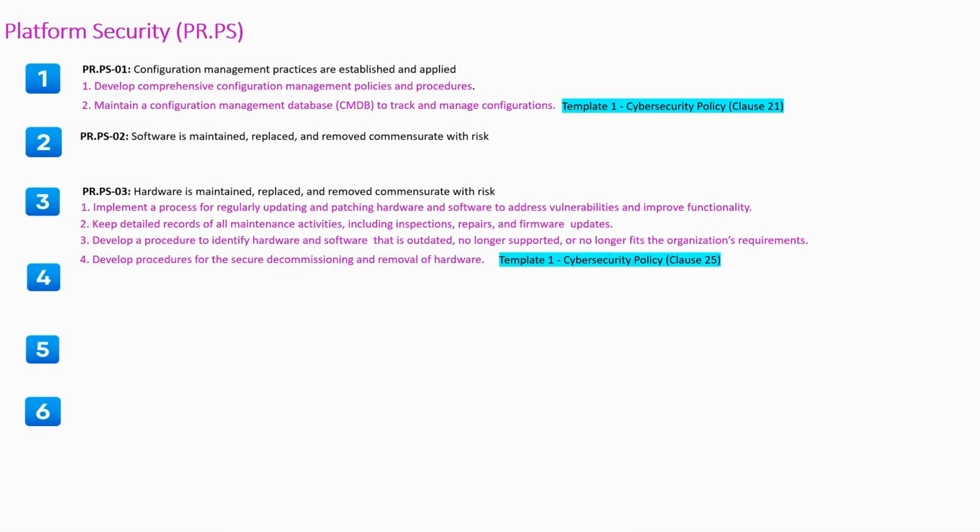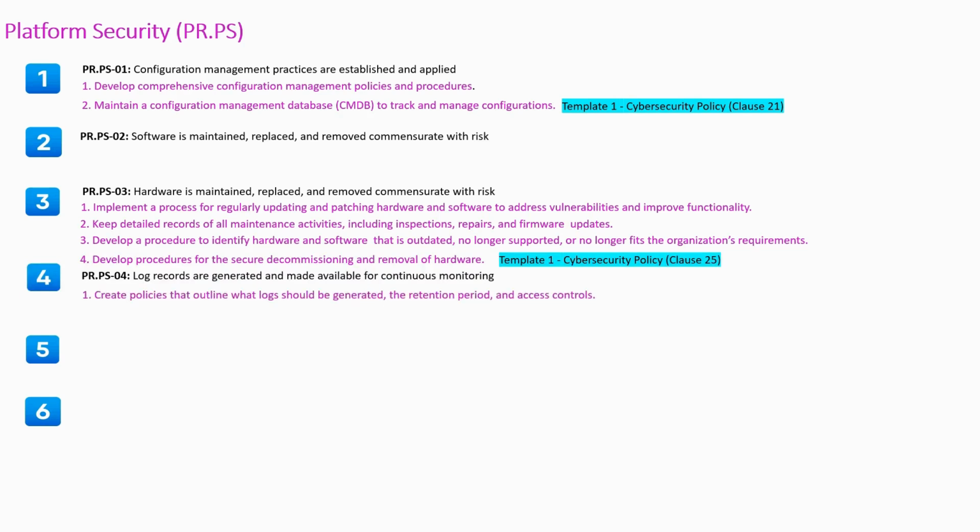Fourth subcategory is about log management. What you need to do, very first step, is to create a policy that outlines which type of logs should be generated and what should be their retention period.